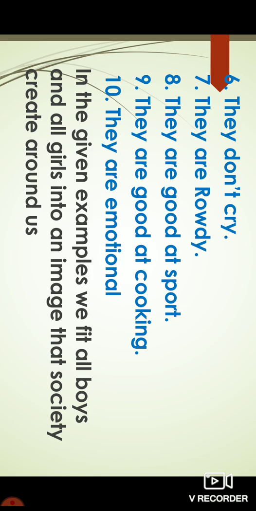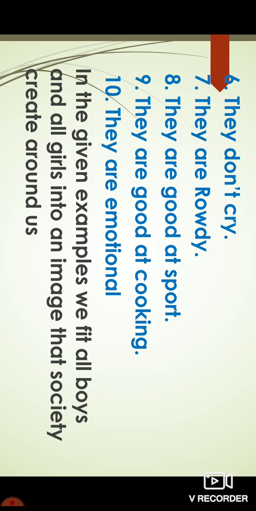Rowdy means, yes, you're very, very naughty. Again it's a boy. They are good at sports. Again, they are physically strong, so obviously it's again a boy. And they are good at cooking. Yes, cooking is 90% done by ladies. That means a girl. And they are emotional. Means they'll start crying for a small reason. And who are they? They are girls.